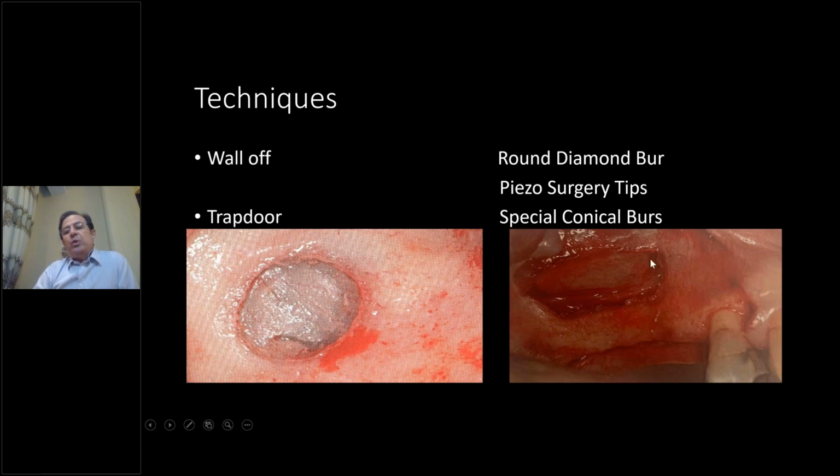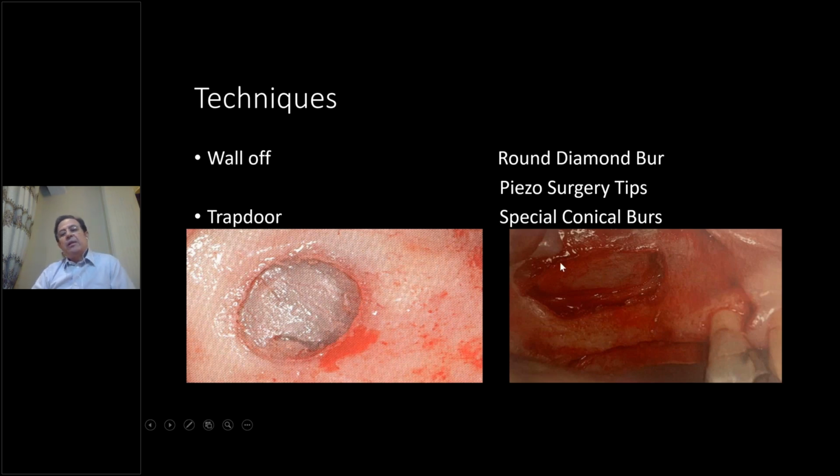In the trapdoor, we use a round diamond burr or piezosurgery tips, and we outline the window, and this area will remain. We can thin it, but not completely remove the bone, and then with pressure, the trapdoor returns inside the sinus and is put under the membrane.